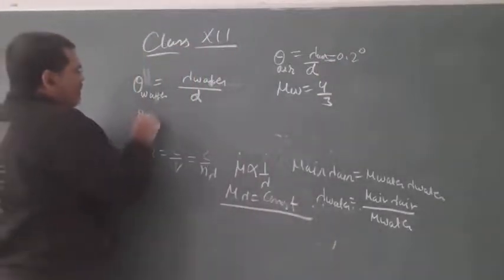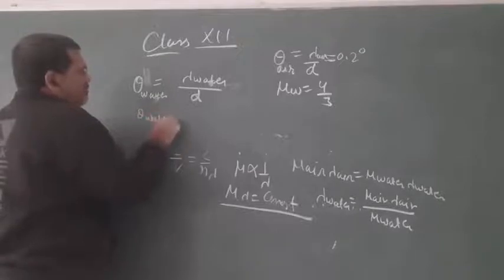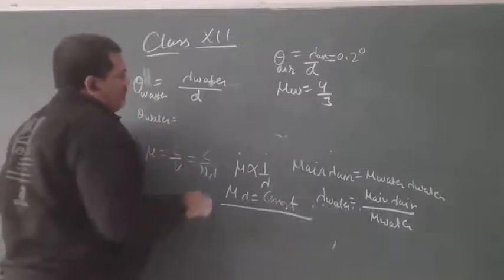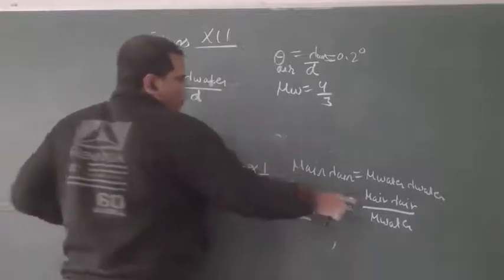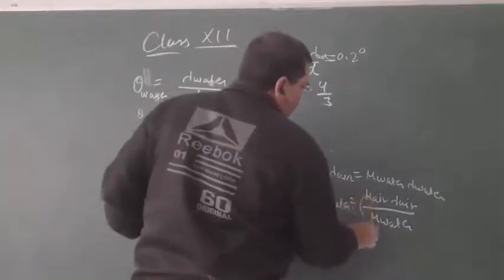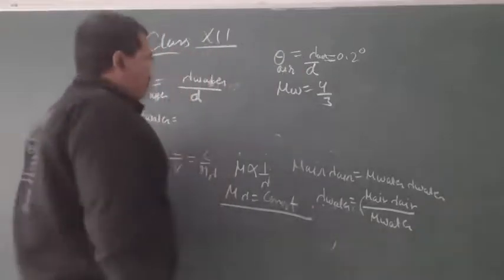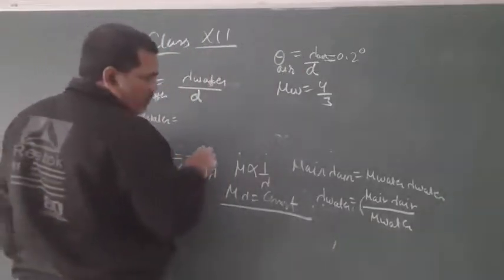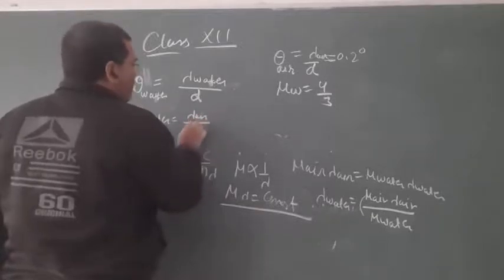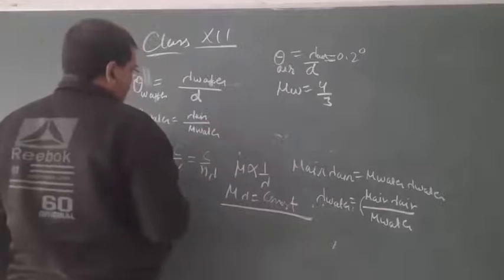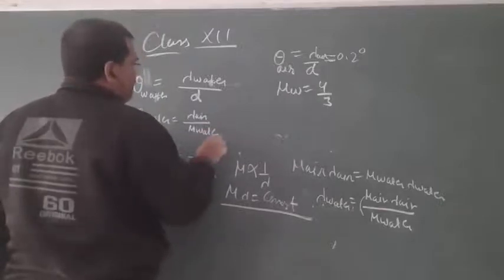So theta water equal to lambda water upon D, where lambda water equals mu air into lambda air upon mu water.